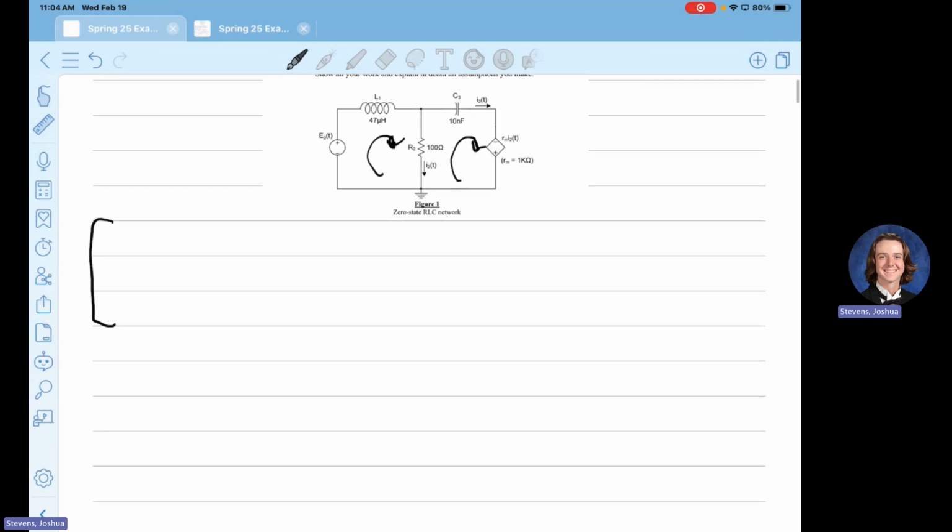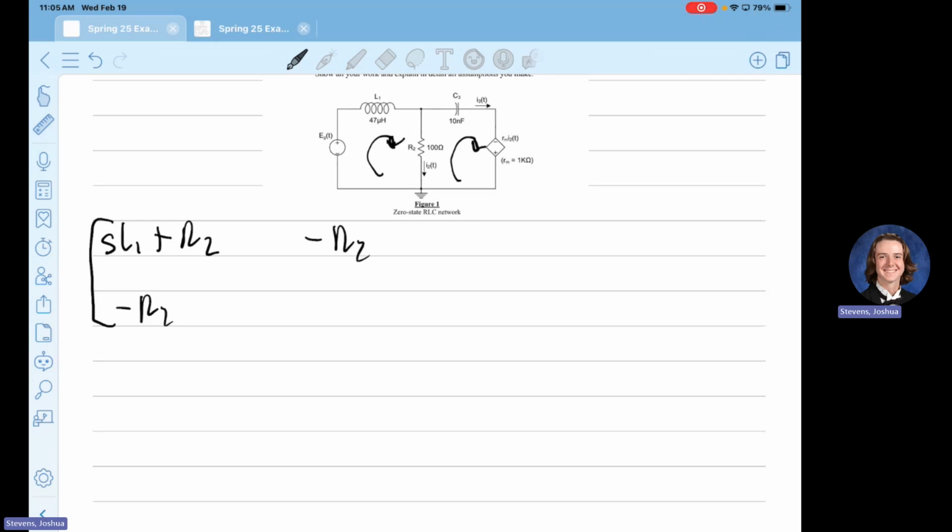Okay, so I'm going to just basically do the MAME real quick. So sL1 plus R2, right? That's in the top left. What's being shared between the 2 meshes? What component? Yep, R2. So that will be negative there and negative there. All right. Yep, the sL1, I've seen that.